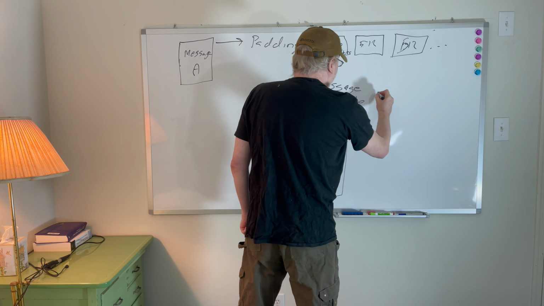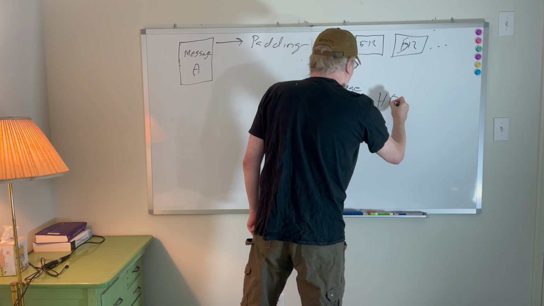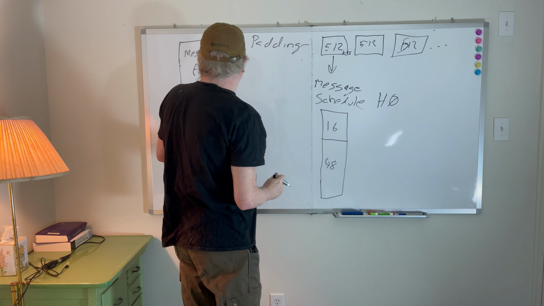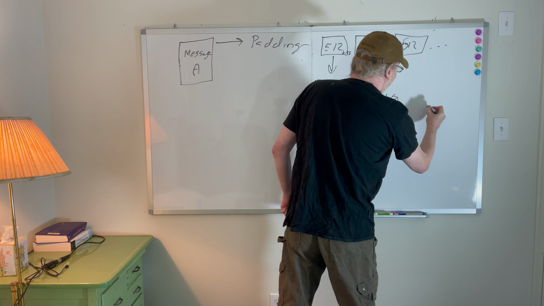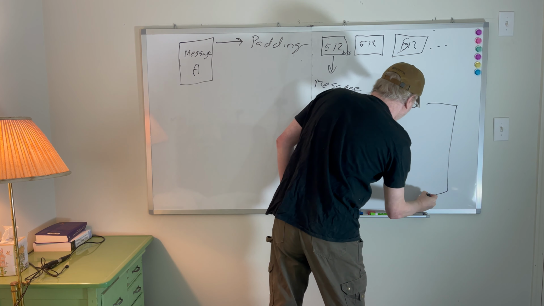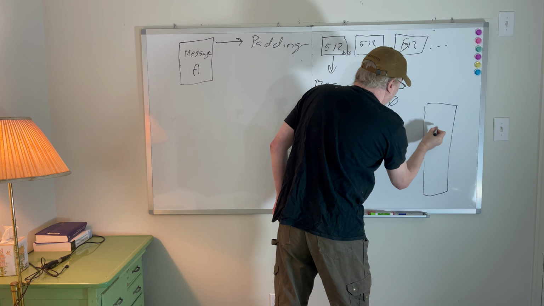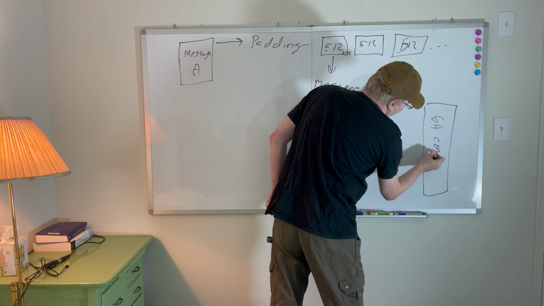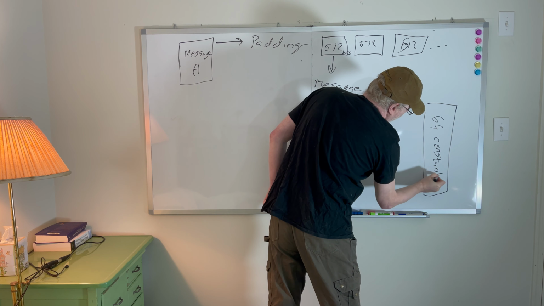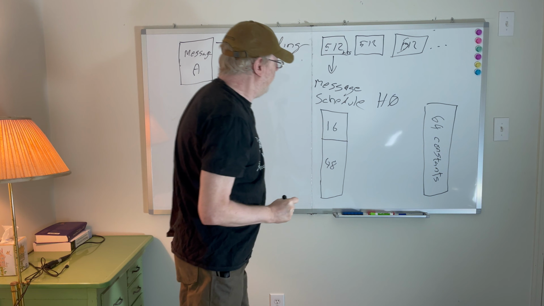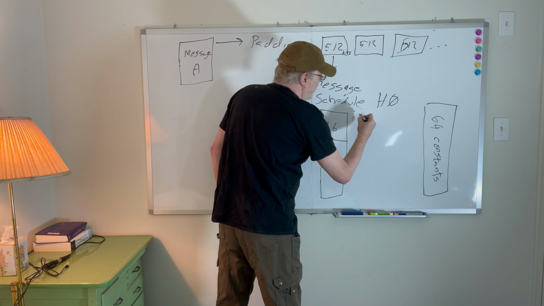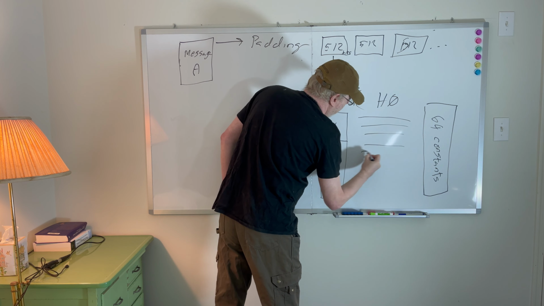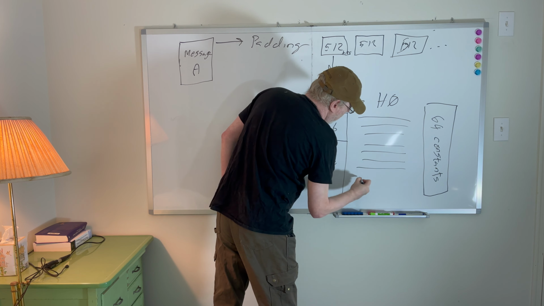So we have H0 up here, the message schedule, and our constants, you know, 64 constants. And then we go through the compression function that is running the schedule.